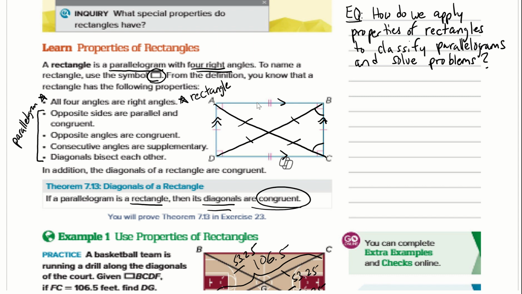So not only that, but this is congruent to this, and this is congruent to this, and this is congruent to this. Okay, so we know that this is congruent to this because of alternate interior angles. Same thing here, alternate interior angles. This is congruent to this because of isosceles triangle. And if this is a certain angle, then this has to be by alternate interior angles as well.